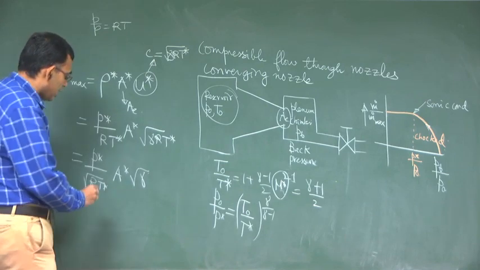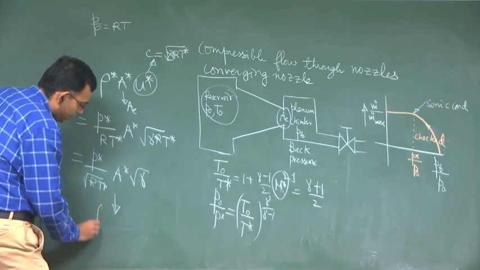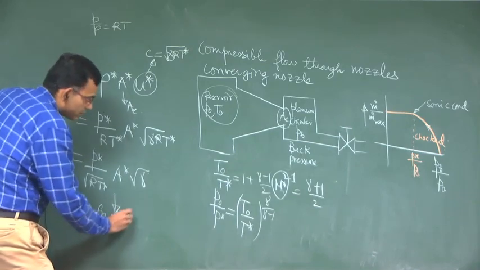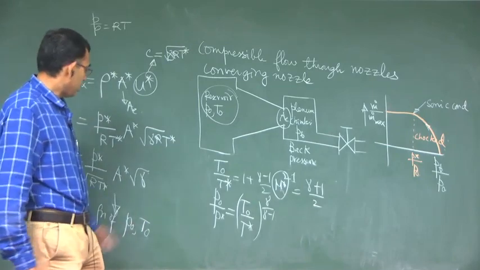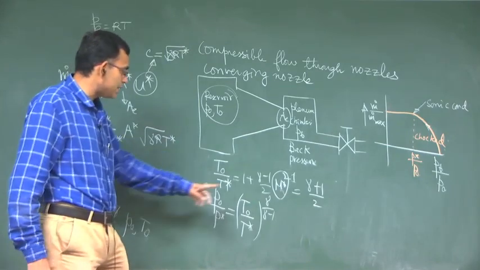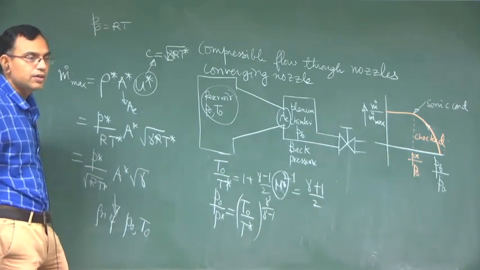So interestingly you can see that this is a function of P0 and T0, because P star is a function of P0 and T star is a function of T0.